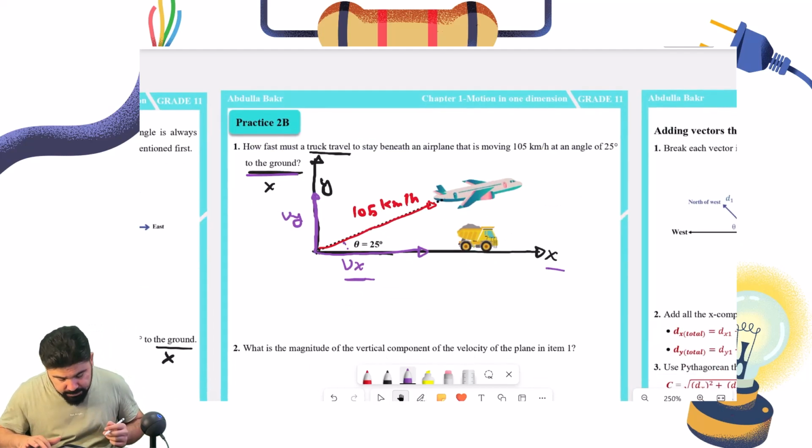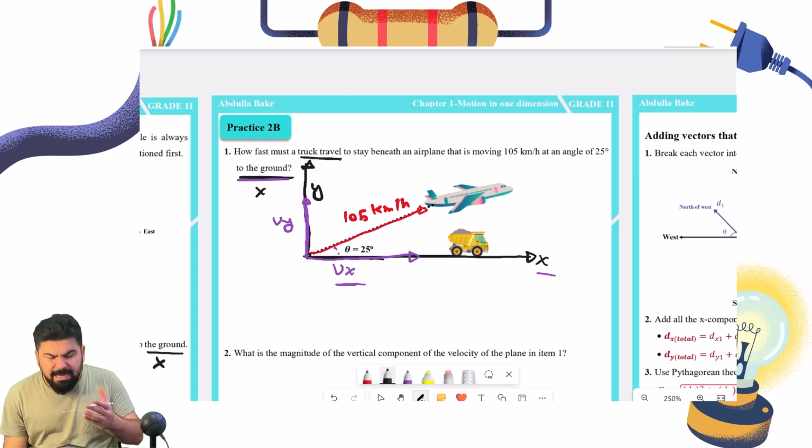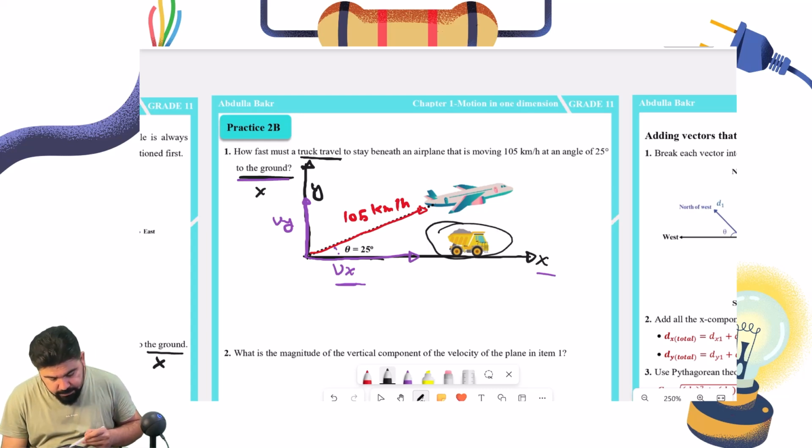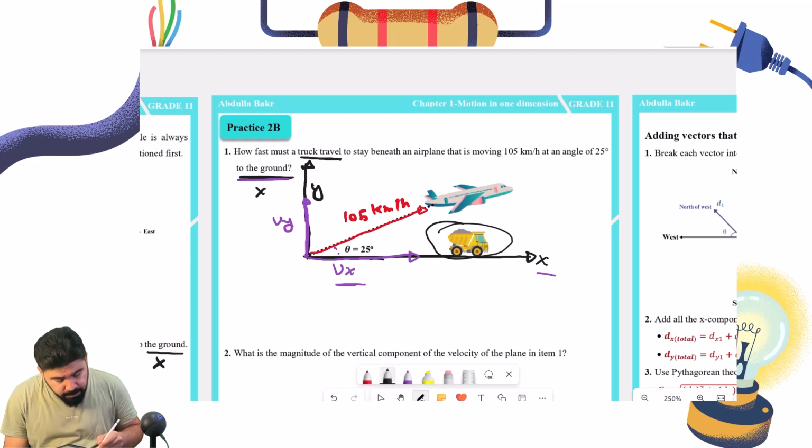Okay, now let's find the components. By the way, I don't have to find vy. Why? Because I need the truck's velocity, and it's moving on the ground. I don't need the y-axis, so I'm going to find only the truck's speed. So vx is going to be what? It is v cosine theta.